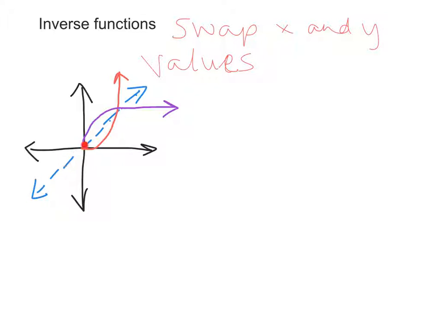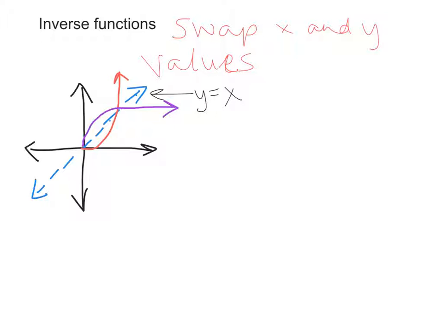This blue dashed line is the line of y equals x. Let's label it here. That's just your identity line. So y equals x has a slope of 1 and a y-intercept of 0.